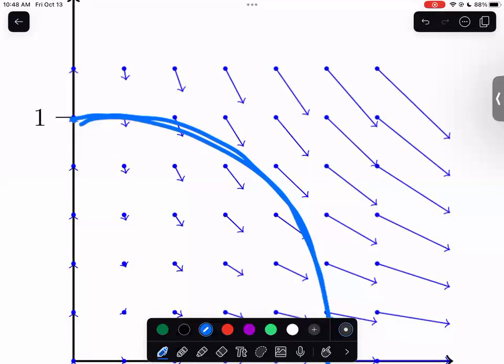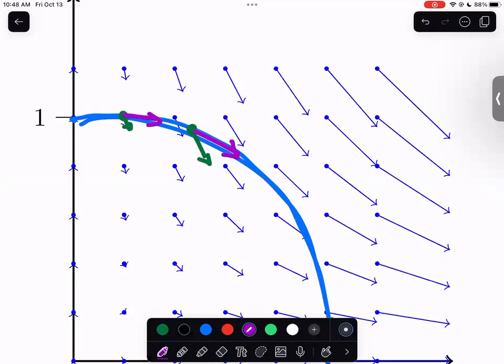And why don't we look at a few points here? So here's a point on our curve, and we see what our vector field's doing. And we could also draw our unit tangent vector. And likewise, maybe over here, we can guess that our vector field would be something like this. And again, we're traveling from (0, 1) to (1, 0), so we're going in this direction.